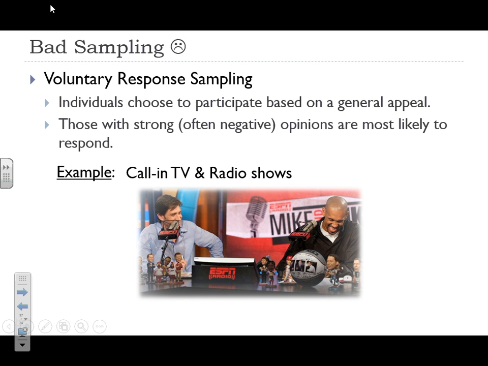Now, one thing to note here, because what sometimes happens is people mistake this voluntary response with this idea of non-response. When I go out and I collect a sample, if I have chosen my sample and I go out and ask the people my question, whether they choose to respond or not, that is not voluntary response. I've chosen them as part of my sample.